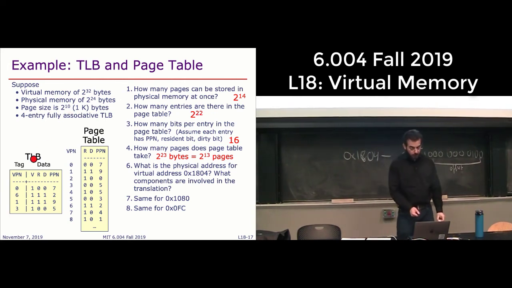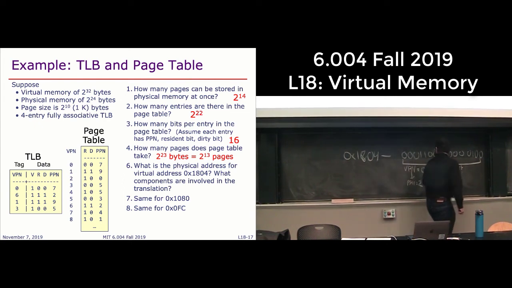So we go and access the TLB, right? We see, is there a tag 6? Yes. Is that valid? Yes. Is that resident? Yes. What is the physical page number corresponding to it? 2. Okay? So from the TLB, we're getting that the physical page number is 2. So our physical address is just flipping this bit from 1 to 0. That is 0x804, right?